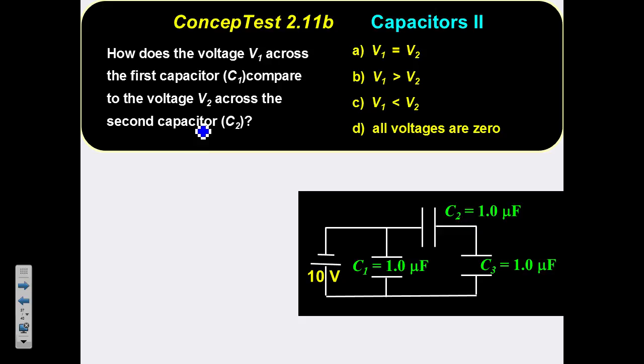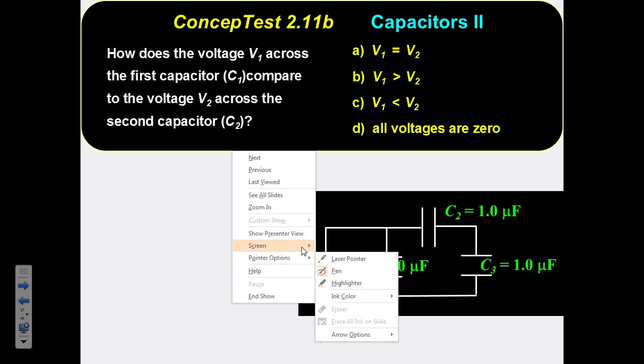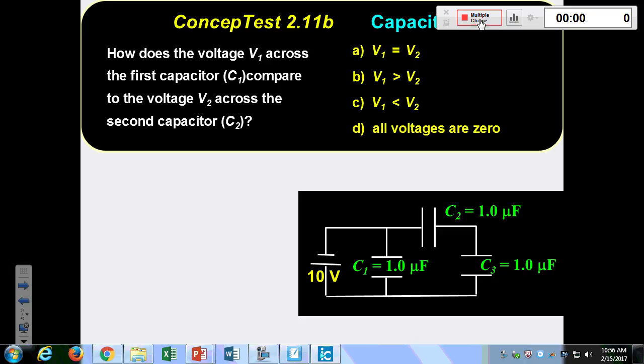How does voltage 1 across the first capacitor compare to voltage 2 across the second capacitor? How does the voltage across this capacitor compare to this capacitor? Is it equal, bigger, smaller, or is it 0?